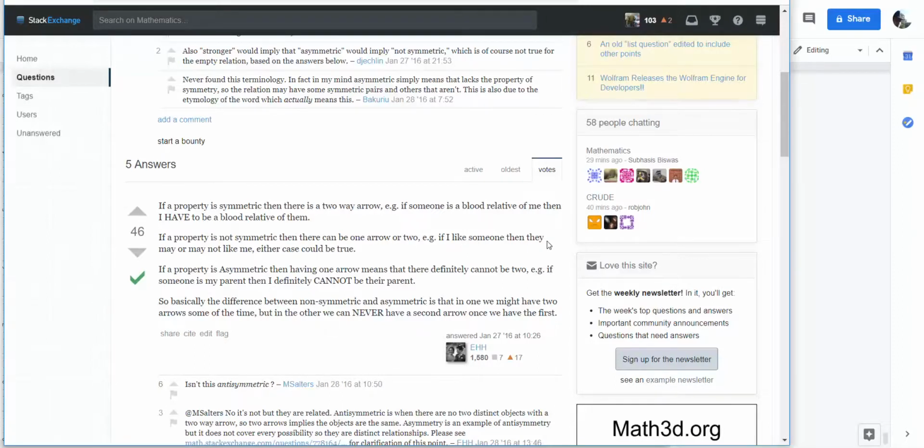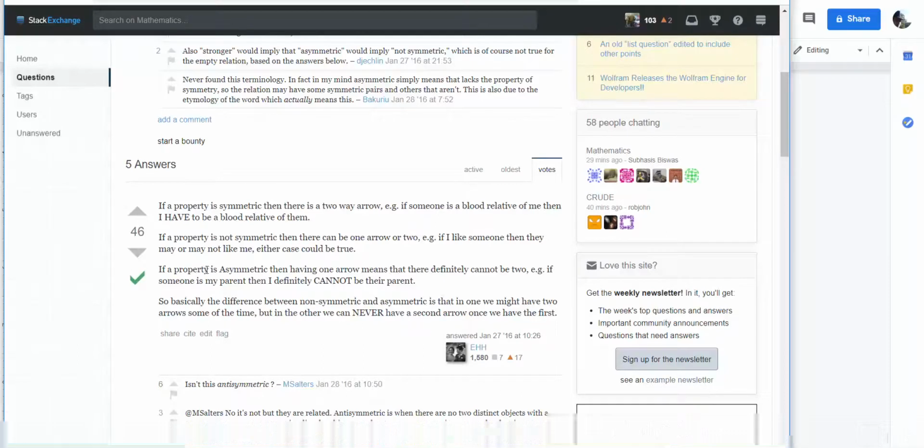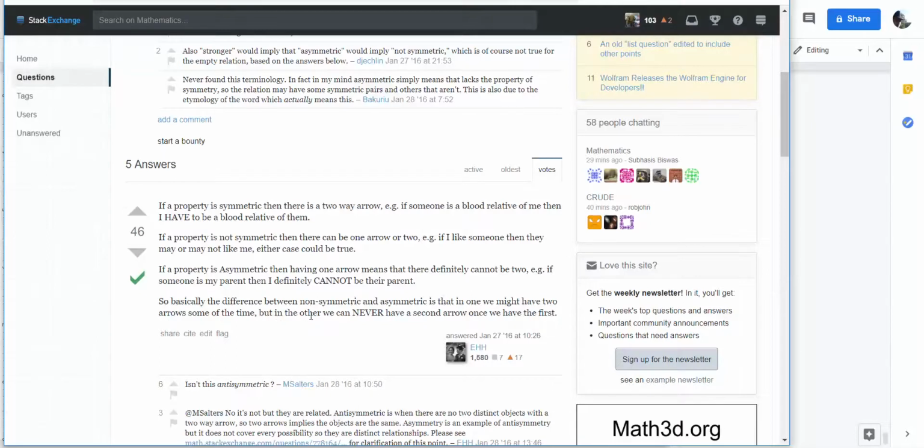If I like someone, then they may or may not like me. Either case could be true. If a property is asymmetric, then having one arrow means there definitely cannot be two. If someone is my parent, I cannot be their parent. So basically the difference between non-symmetric and asymmetric is that in one we might have two arrows some of the time, but in the other we can never have the second arrow. So asymmetric is stronger."